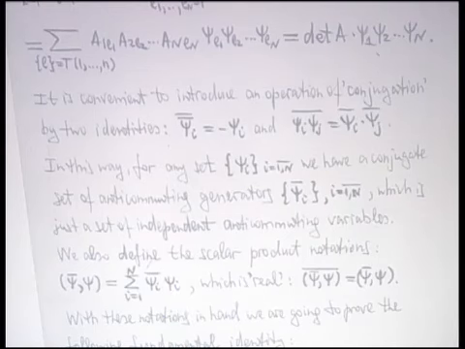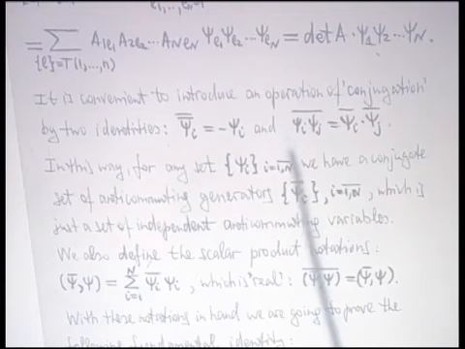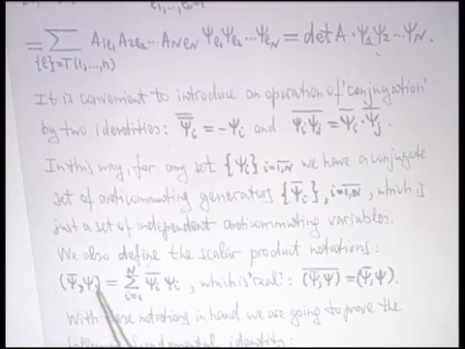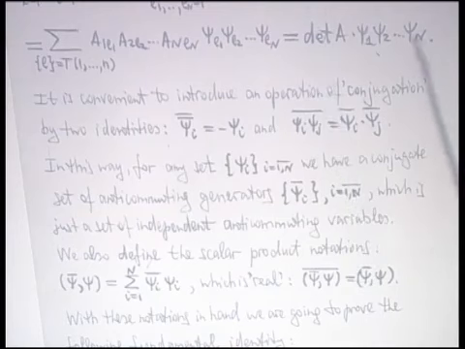So I think of psi as a column vector with components psi i, and in this sense it's a kind of scalar product. And in this definition, my scalar product is, so to say, real. It means that its conjugate is equal to itself.